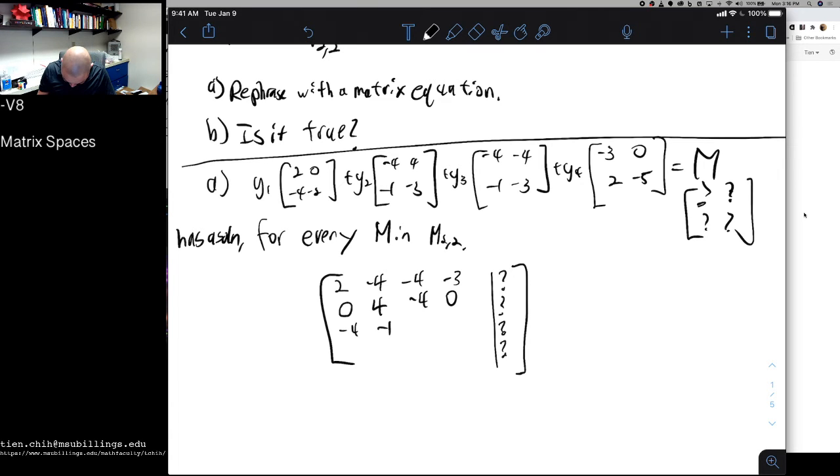I'm going to go ahead and move through the remaining coordinates. Alright. So allegedly, what we want is to show that this system of equations always has a solution no matter what's sitting in these question marks.